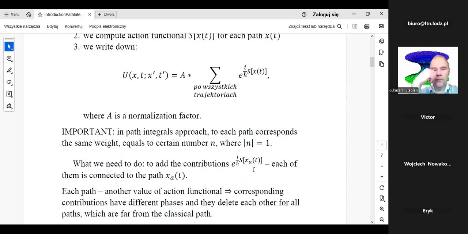And so the corresponding contributions have different phases, and they cancel each other for all paths which are far from the classical path. And that is very important and very symptomatic: if we go farther and farther from the classical path, the contributions will cancel each other.